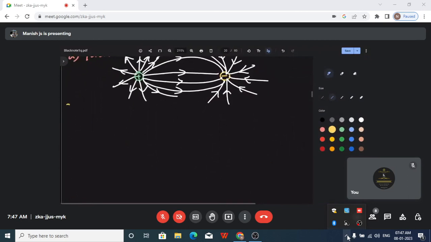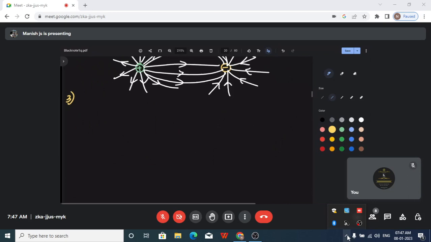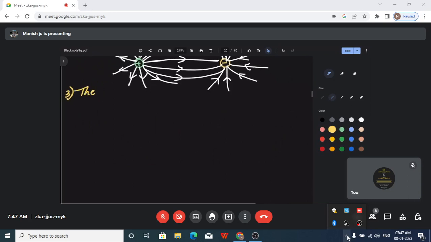See the third question. The potential difference between two points is 20 volts.